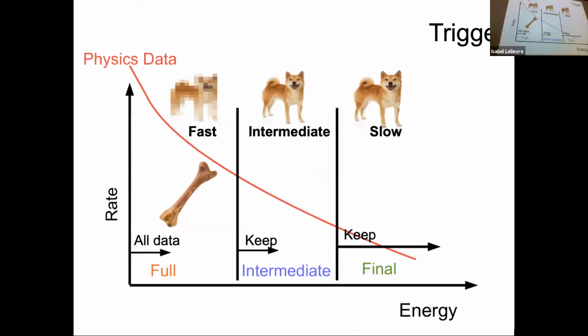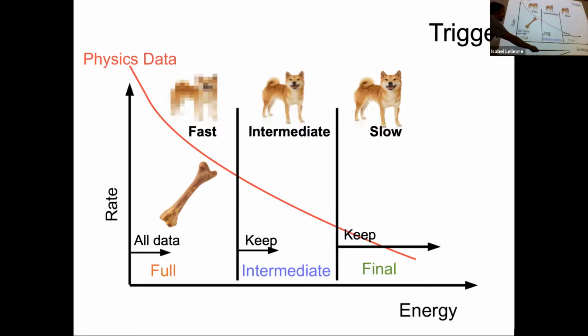Effectively, the way we think about this is that with your trigger system, you get to look at all of the data, right? So the full range of data, coarsely. The thing you'll see at the LHC is that most collisions are low energy, just protons grazing off each other, and so they occur at a very high rate.